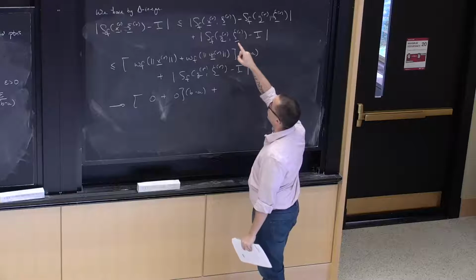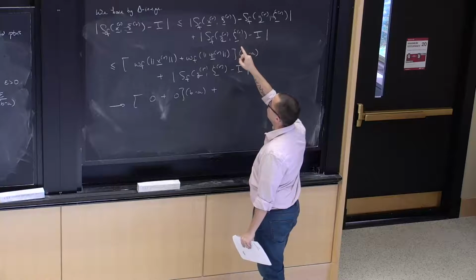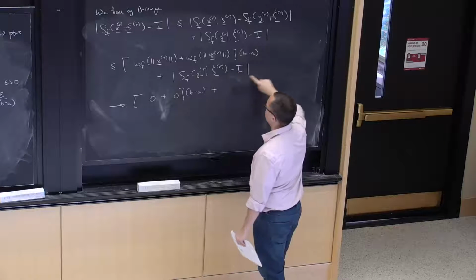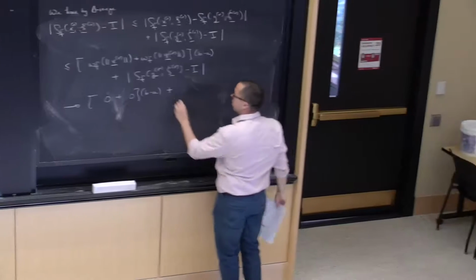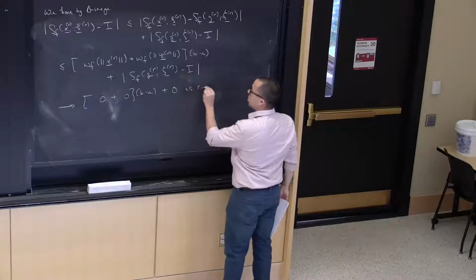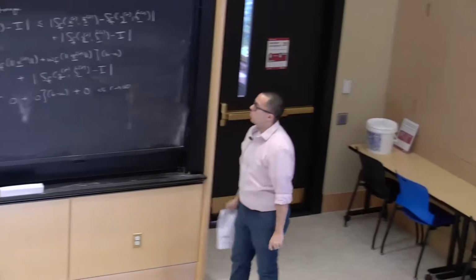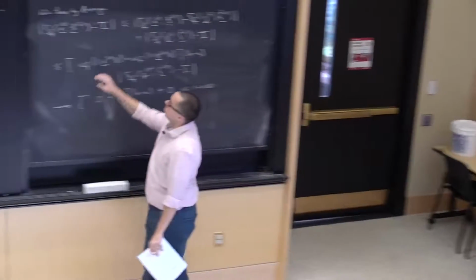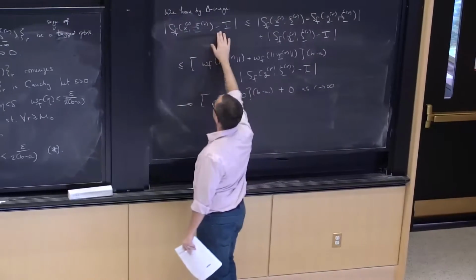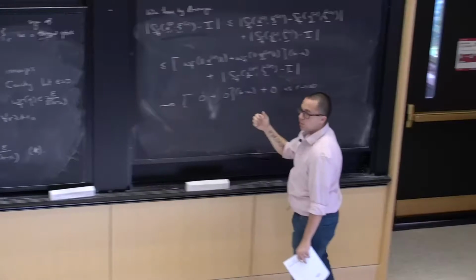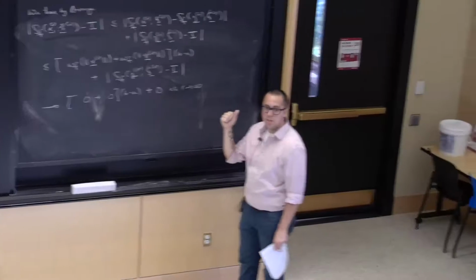It was defined as the limit of the Riemann sums corresponding to this first fixed partition, and therefore this thing in absolute value converges to 0 as r converges to infinity. All right, so the absolute value of this Riemann sum minus I is bounded by something converging to 0 as r goes to infinity.